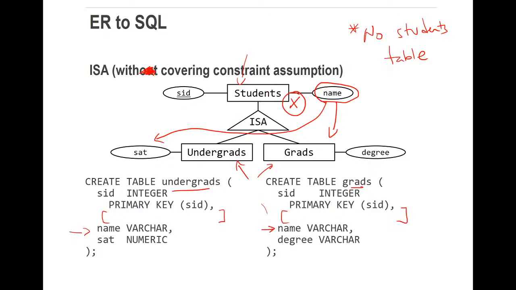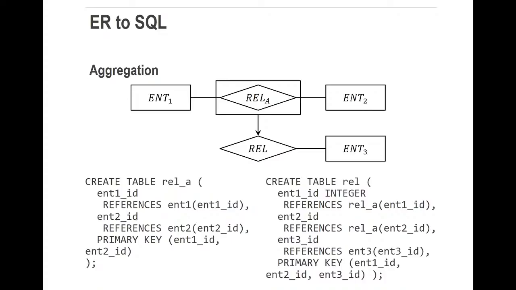For aggregation, the idea is simple. We assume that there's already this particular table, and this one, and this one. What we have then, for the relation A table, is basically constructed as per normal, referencing this, referencing this.